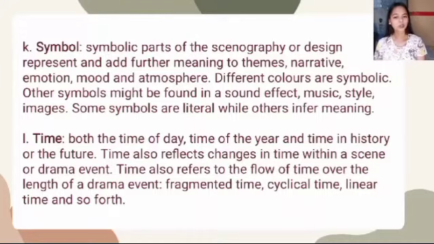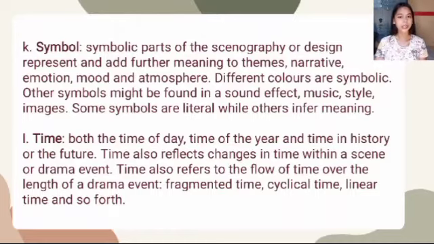So, symbol is one of the principal elements of drama. The use of symbol in dramatic performance can be one of the simplest and most complicated techniques. So, symbols or symbolism implies a greater meaning than the literal suggestion.